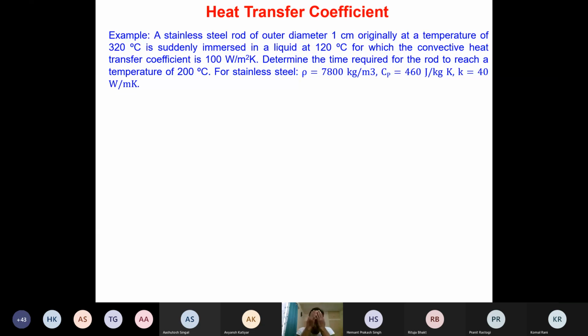So what has been given is a stainless steel rod which has an outer diameter of 1 centimeter, originally at 320 degrees Celsius, and suddenly we have placed it in a liquid of 120 degrees Celsius. The convective heat transfer coefficient in the liquid is 100 watt per meter square Kelvin. We want to find out how much time is required. This is similar to what we have seen earlier.